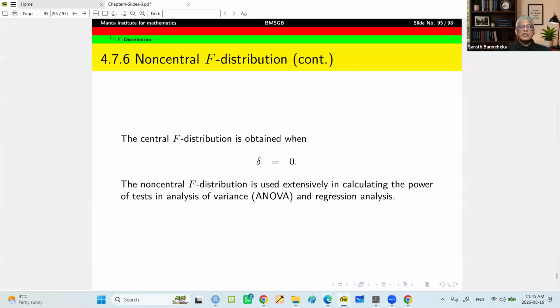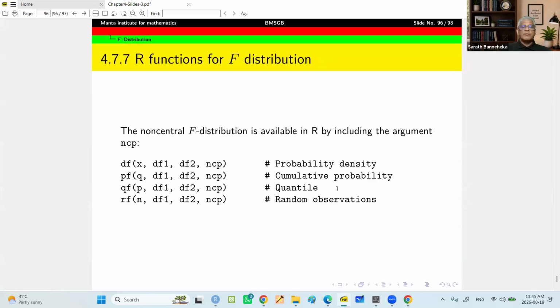Okay, that is, I think, enough for the moment for the non-central F distribution. Now, at the end of this lesson, I show you the R commands commonly used for the F distribution. They are df, pf, qf, and rf, giving the probability density, cumulative probability, quantile, and random observations. Generally, by default, the non-centrality parameter is 0.